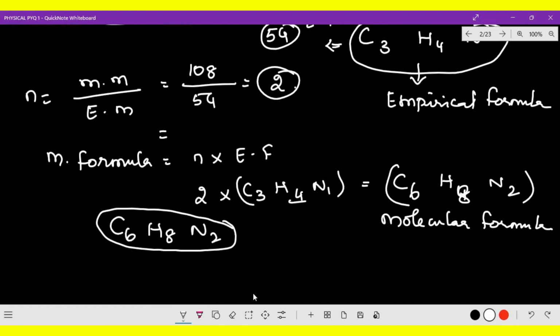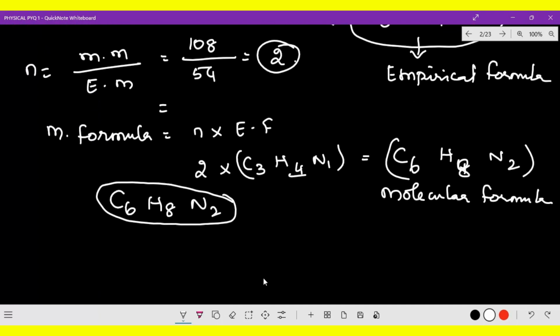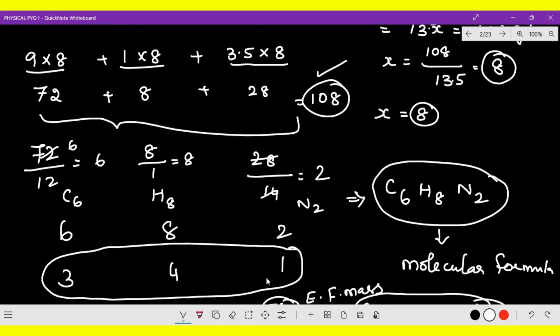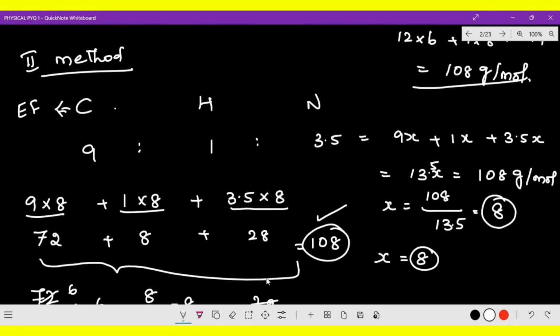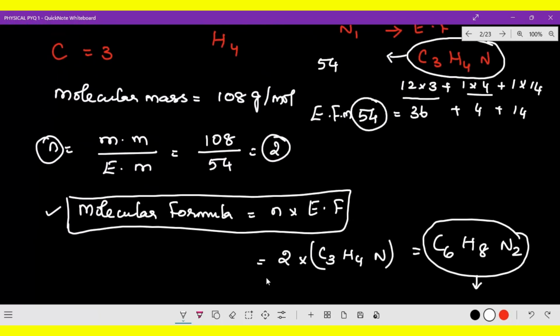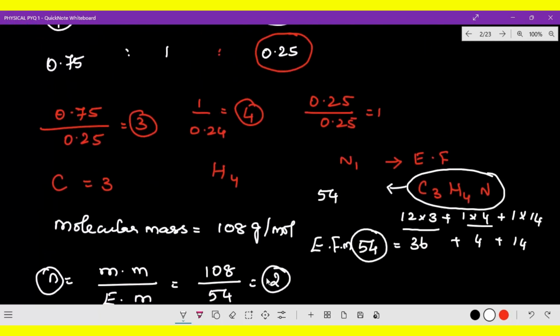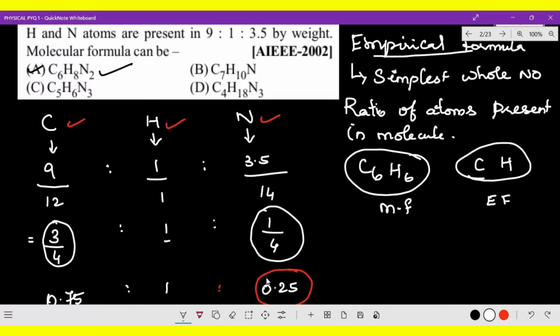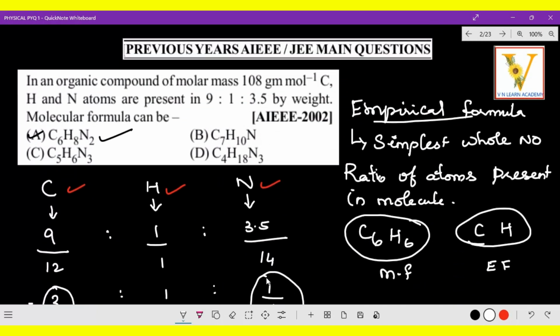I hope you got a complete idea about how to identify using both methods. Actually, it will be easy to identify. Now, you see the option which is correct. Option A is the correct option. Come on, let's go to the next question.